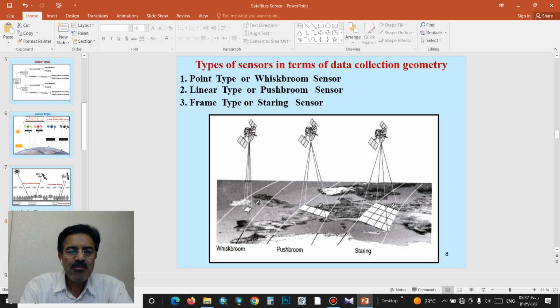On the left, you can see a whisk-broom sensor, and on the right, you can see a staring or frame type sensor. Frame type or staring sensor, and push-broom or linear type remote sensing sensor.